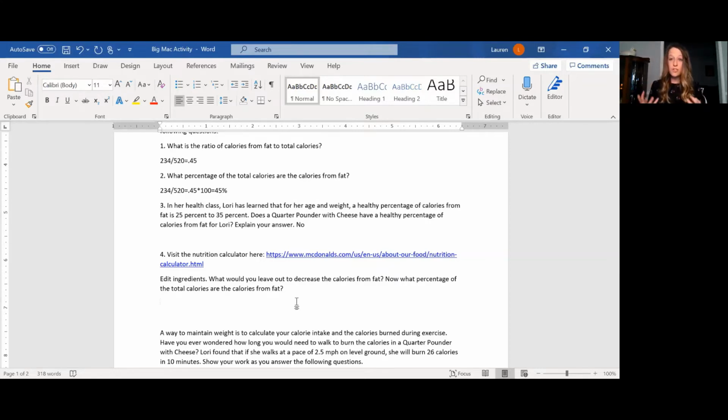Really what we're trying to do is to reduce the amount of fat, targeting this percentage, to make sure that the percentage of calories due to fat is lowered. And so we'll switch back to the McDonald's website to look at this tool to edit the ingredients.